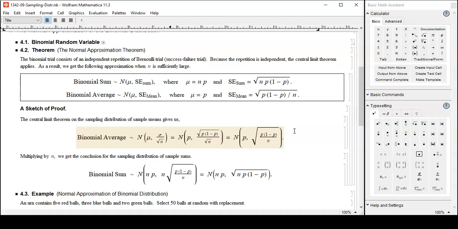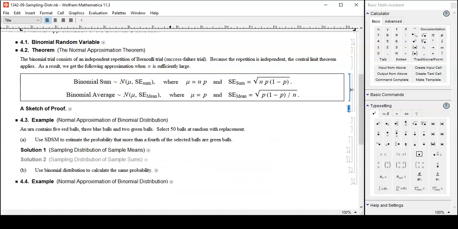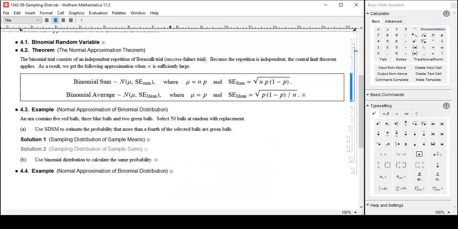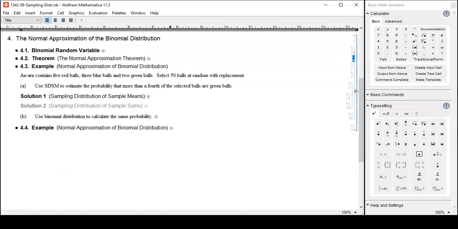So in order to go back, we have to multiply by n. So that's what we did. Multiply by n, and simplify. That's how you get this formula. Expected value of np and standard error of square root of np(1 minus p). That's for the binomial sum, or sampling distribution of sample sums.